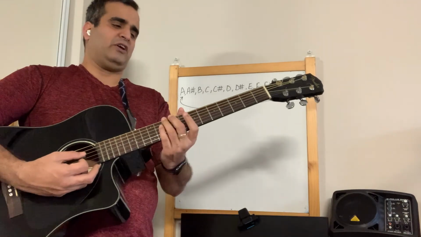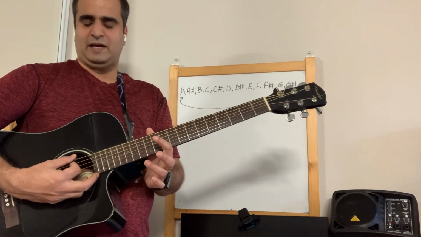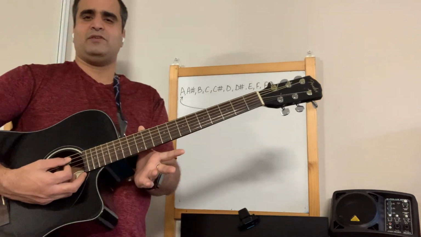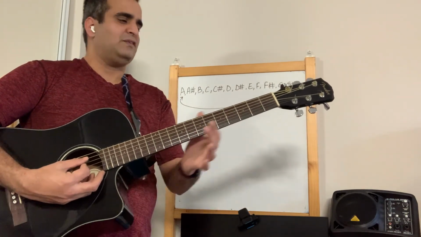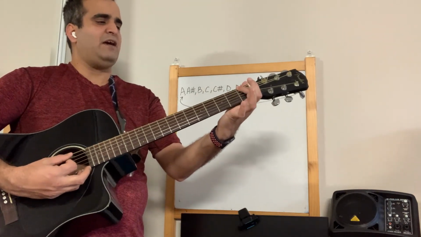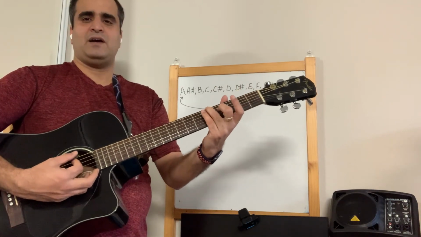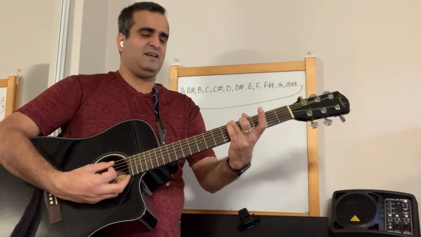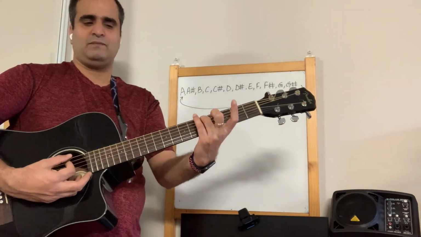Now talking about the sixth string. I have to tune it with reference to the previous string, which is the fifth string. My fifth string open is A, so I have to find A on my sixth string. So this is E, F, F sharp, G, G sharp, A. My fifth fret on the sixth string is A, and I have to make sure that it sounds the same as the fifth string open.